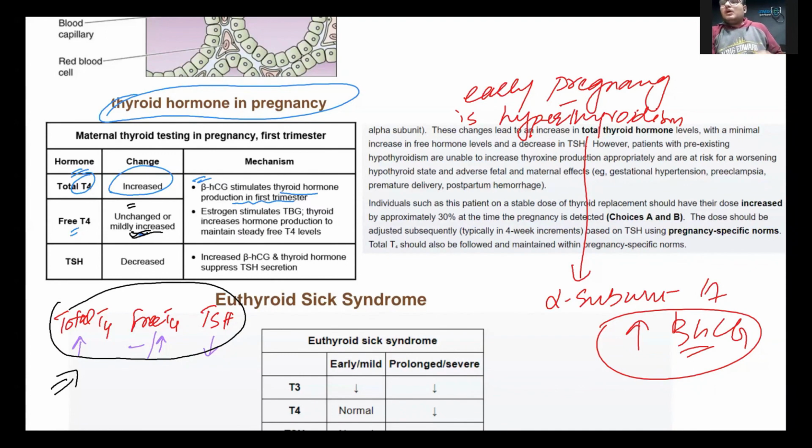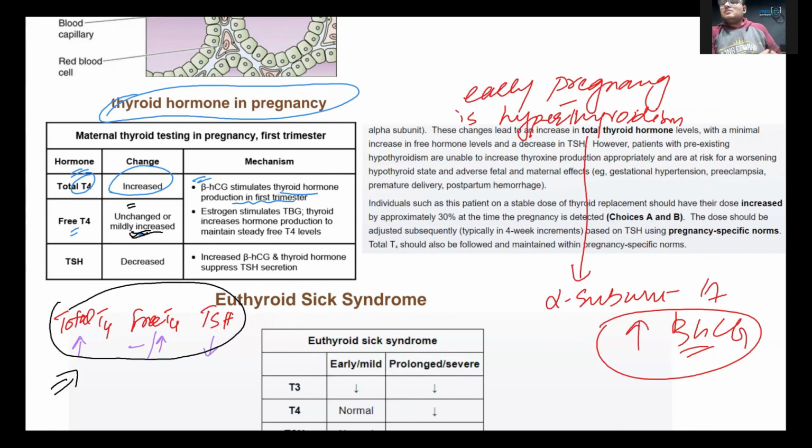That is early, around 8, 9, 10, 12 weeks. After that, the responses and changes happen because protein production and protein effects take time. Of course, estrogen also stimulates production of thyroxine binding globulin. But the thyroid also has hyperactivity due to the alpha effect of beta HCG. So there is a counterbalance. At one end, estrogen stimulates TBG, which decreases free T4.